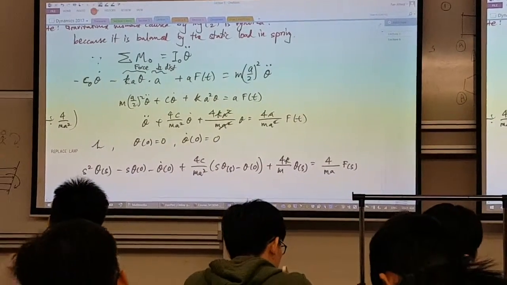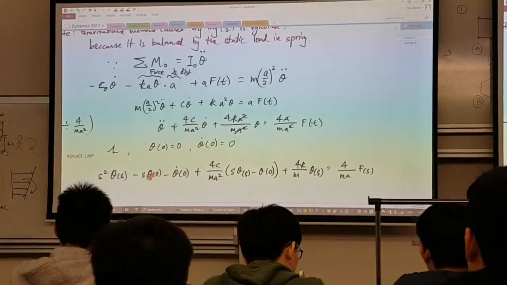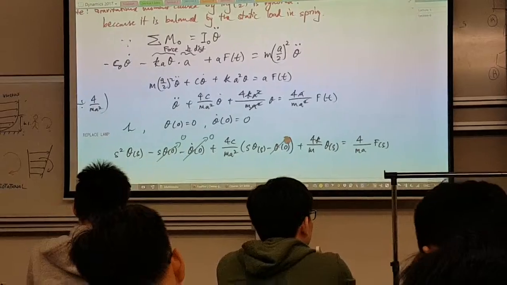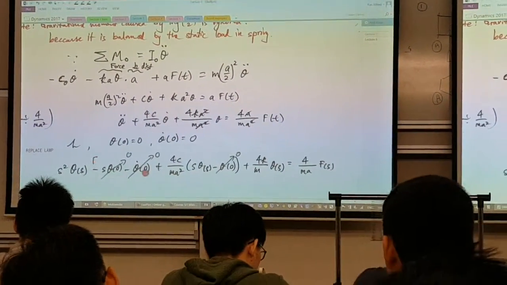So we know that because of the initial conditions, this part is 0, that part is 0, this one is 0. That's from the initial condition.